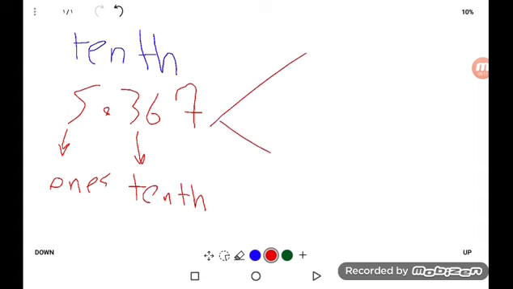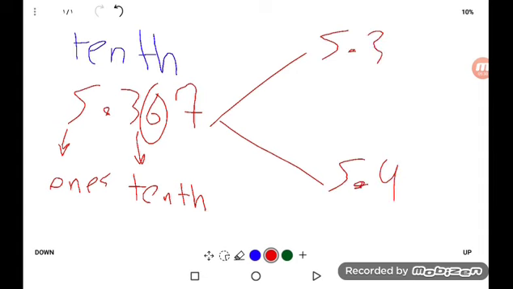Now we look at this number. If this number is 5 or greater, we round it up, and if this number is less than 5, we round it down, so it becomes 5.3 or 5.4. Now here you have 6 is greater than 5, so the answer is 5.4.